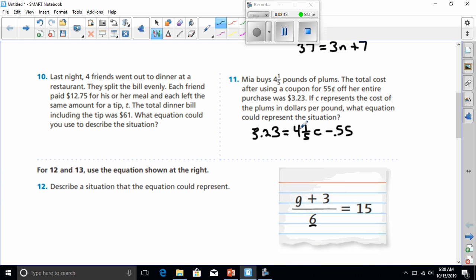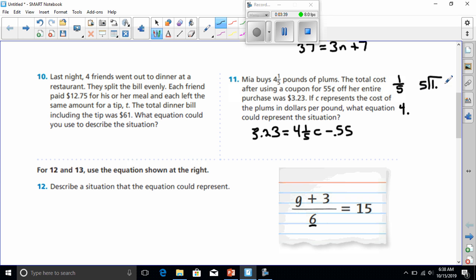Now, what I don't like is they have a number here that's a fraction with decimals. So I'm going to turn this fraction into a decimal. I know that my decimal will start with a 4 because there's a 4 in front, and now I have to deal with that pesky 1/5. Well, 1/5 can be represented by, remember, every fraction's a division problem. So this is 1 divided by 5.